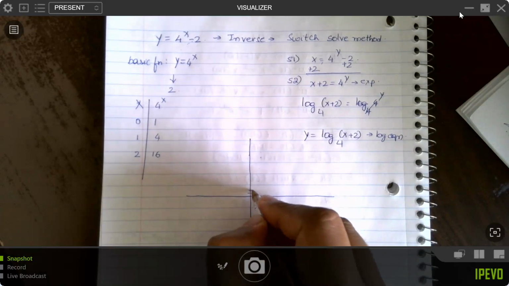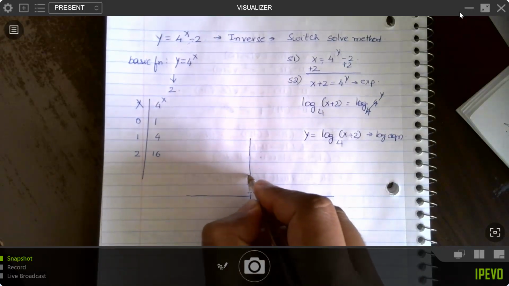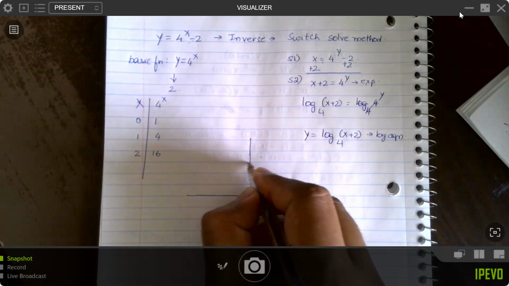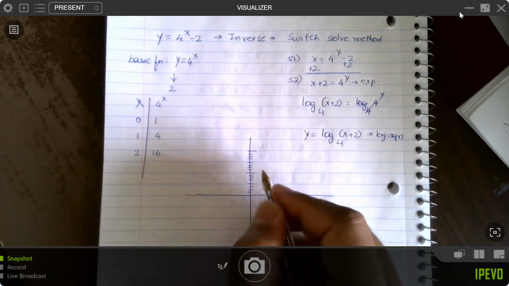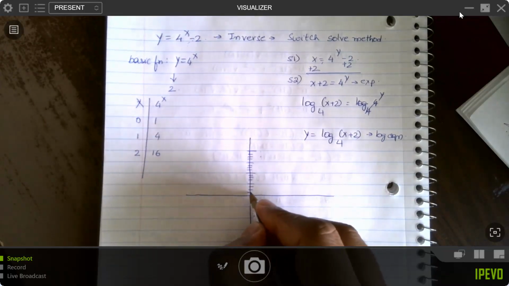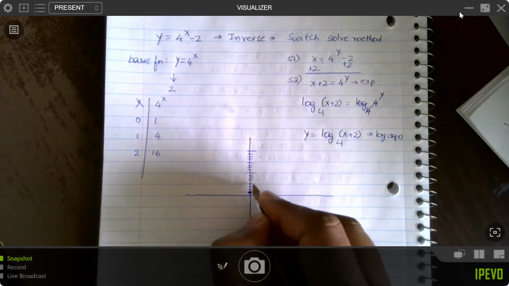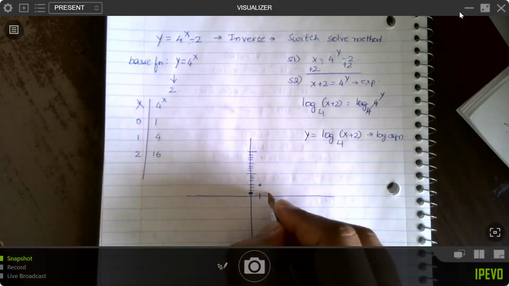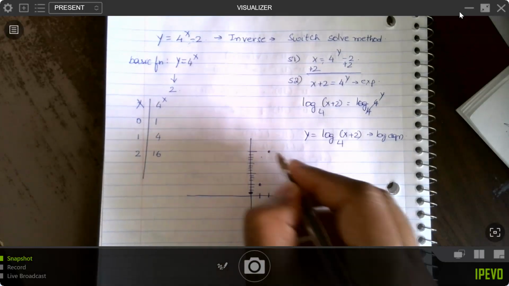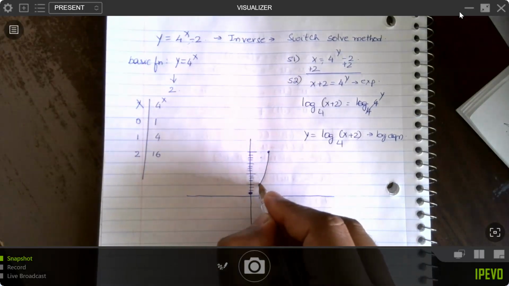So the graph is going to be somewhere like this.